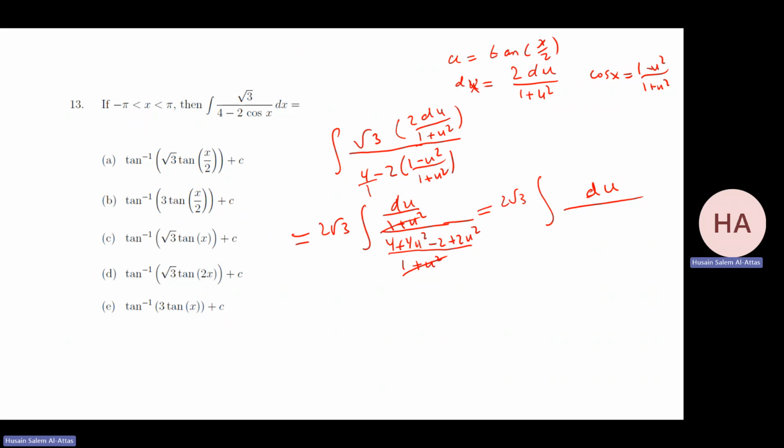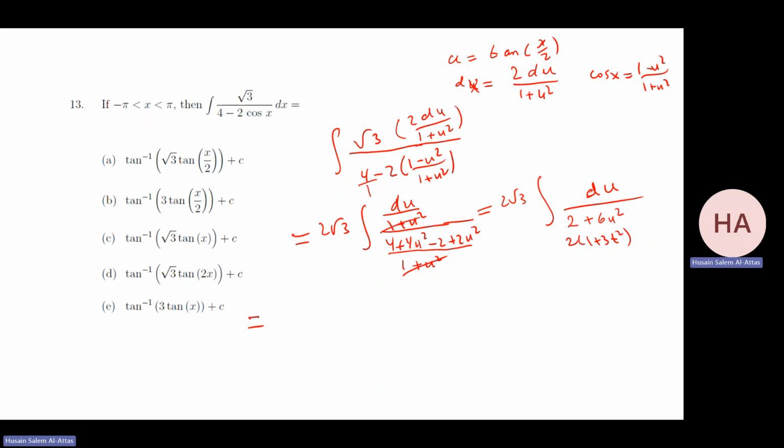I have a common denominator over 1 plus u square. So that gives me what? 2 plus 6u square. Yeah, I can take 2 common factor, which is 1 plus 3u square. So I have what?